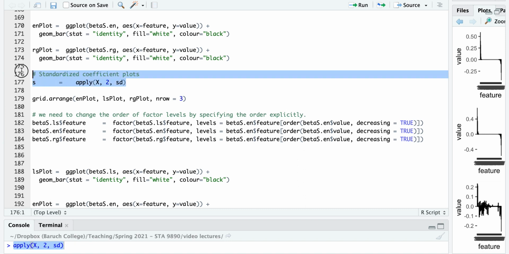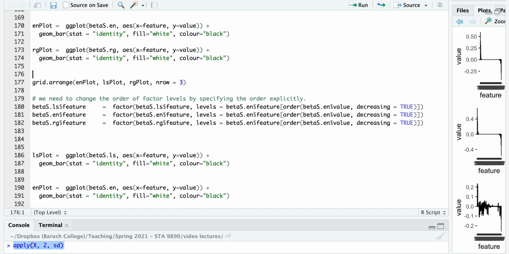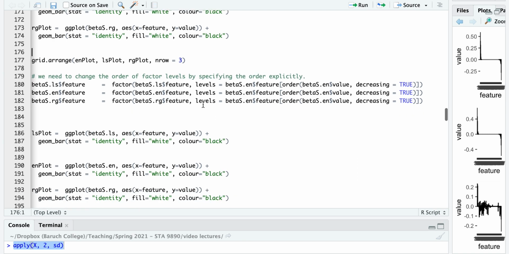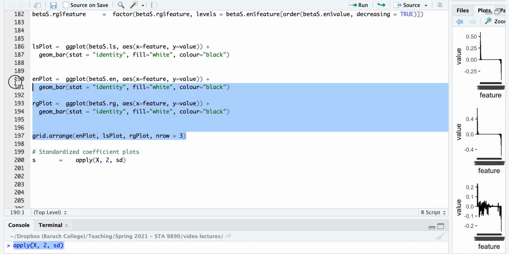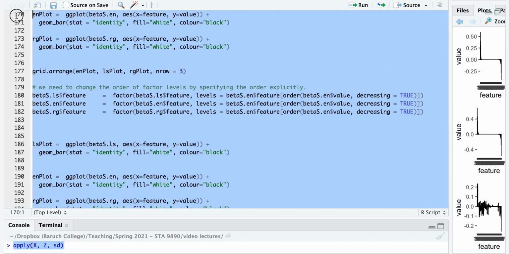Okay, we have to do this after, because here we change the order of factor levels. We're specifying the order explicitly. And here we just copy paste this part.